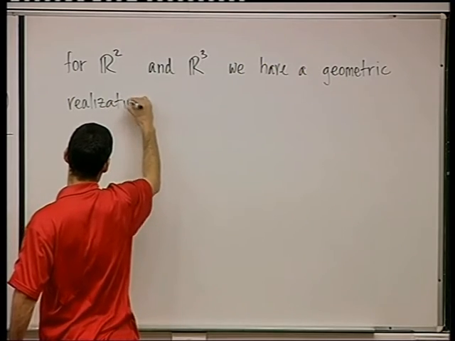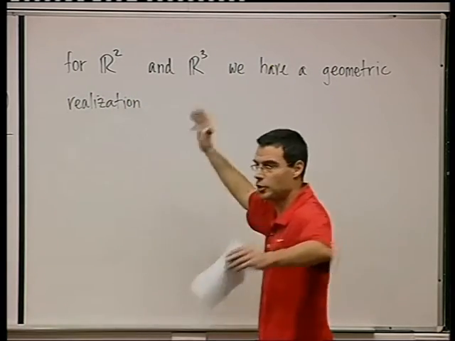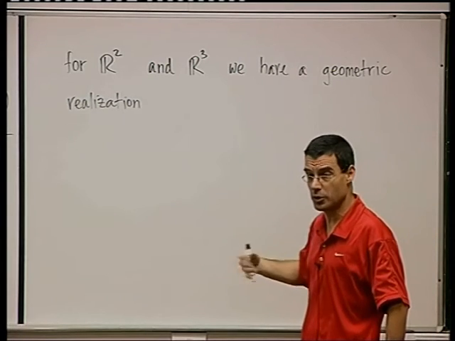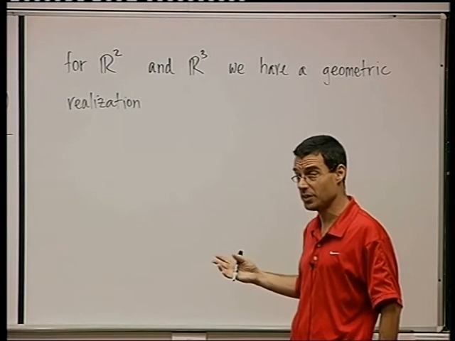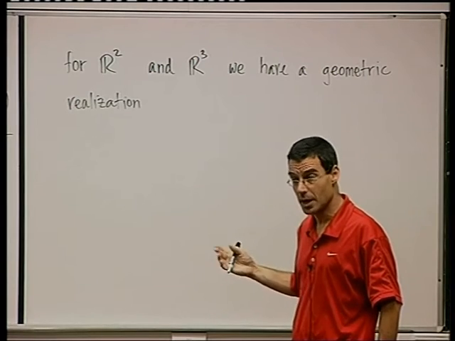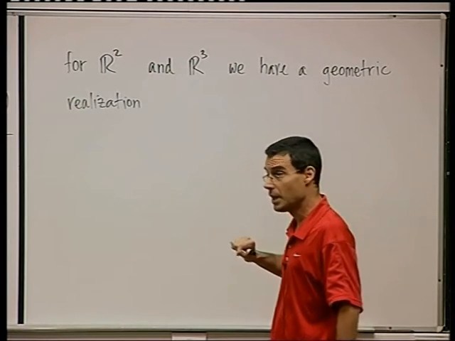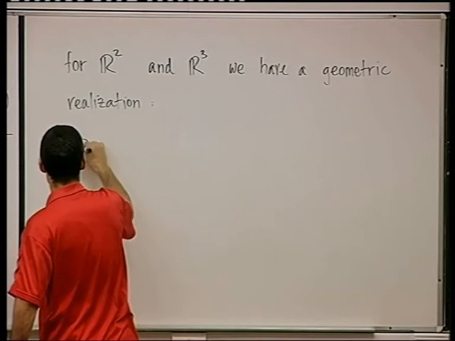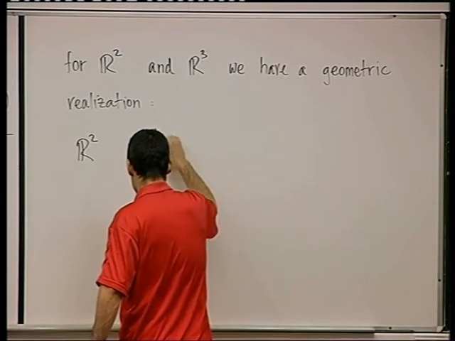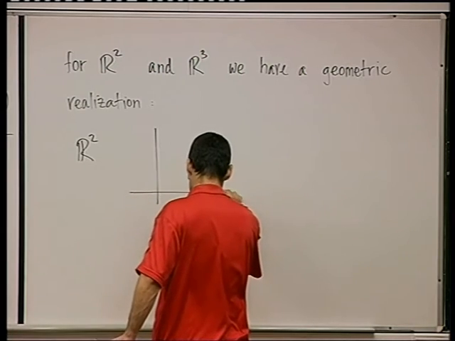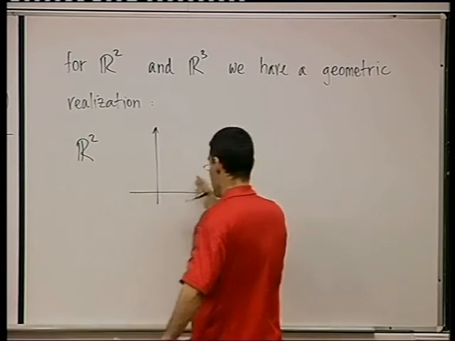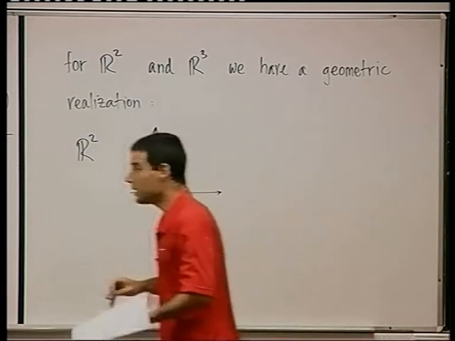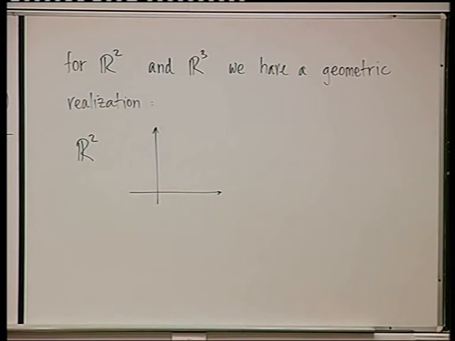Okay, so we don't just think of them as algebraic, mysterious things. We actually think of these vectors, and I'm quite sure you've seen this. We even mentioned it when we discussed complex numbers. You think of them as arrows, right? So, for example, R2, we think of the plane, which we often indicate like this, and the elements we think of as little arrows.